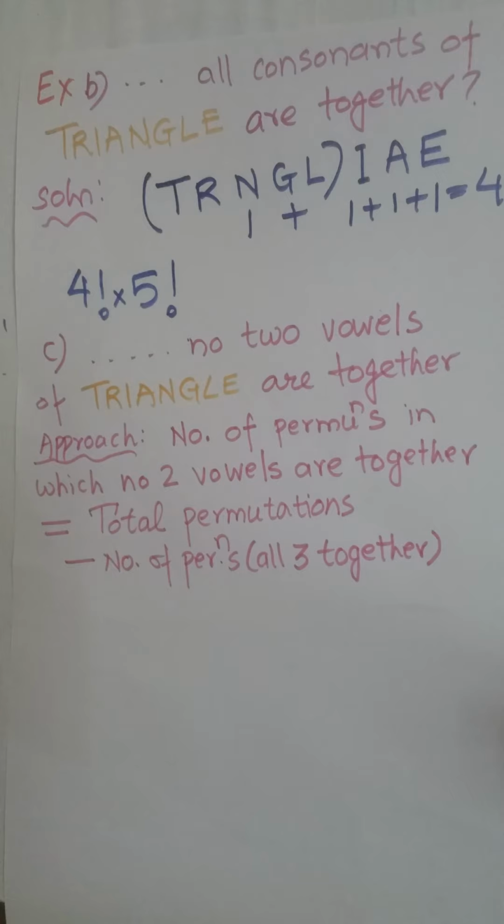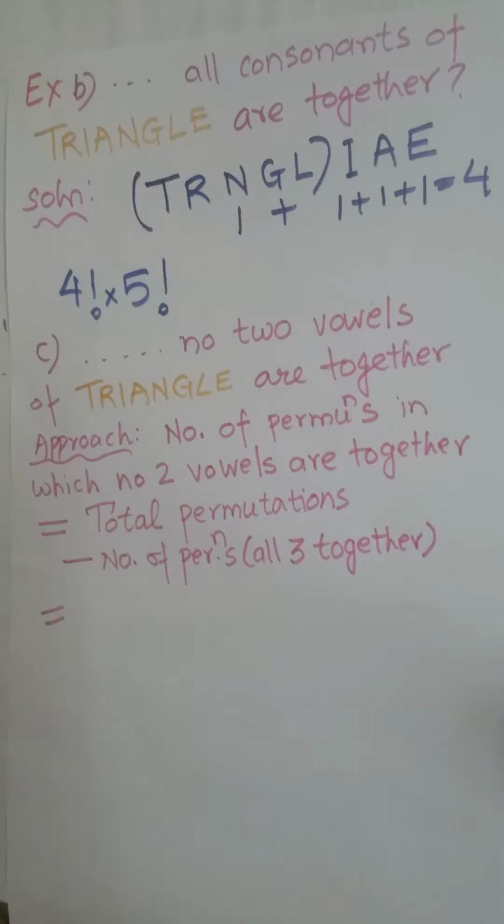So what is the total permutation of triangle? See, the number of letters in the word triangle is 8 and all are distinct. So total permutations of the word triangle taken all at a time is what? Yes, it is 8 factorial.